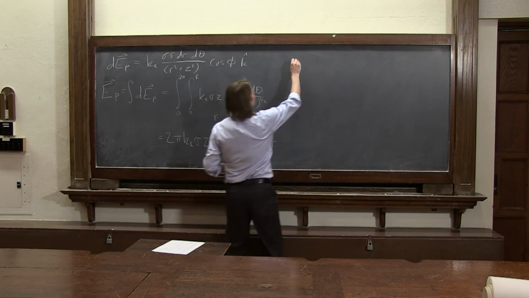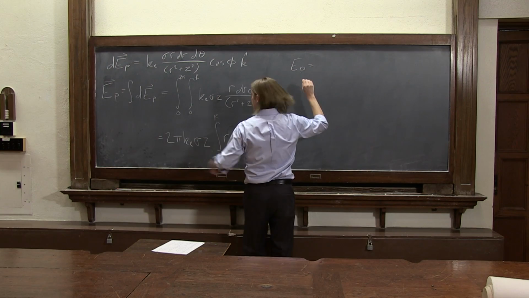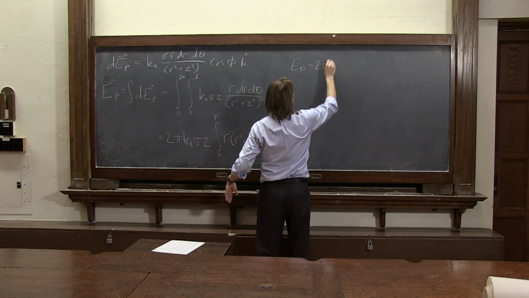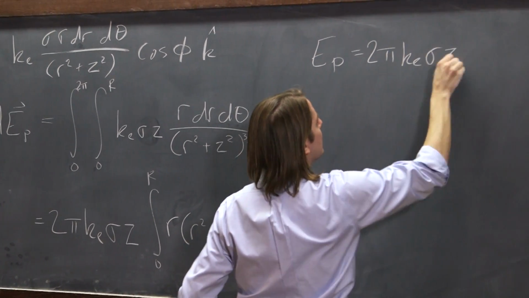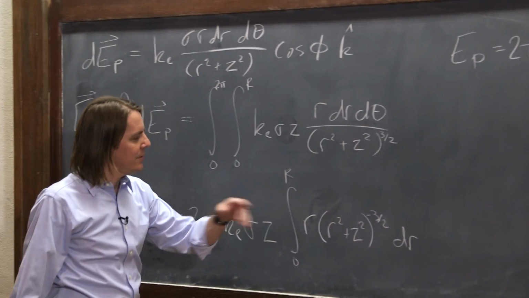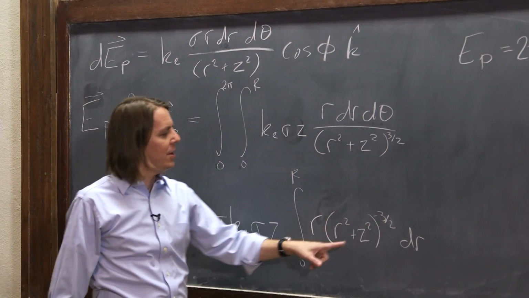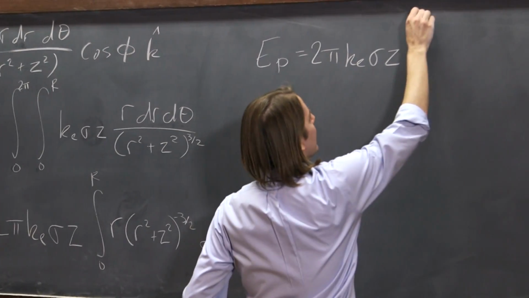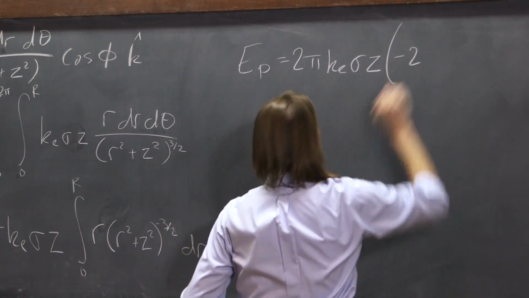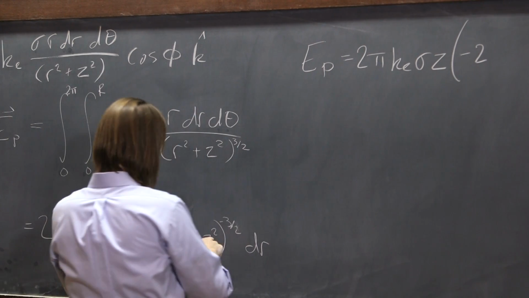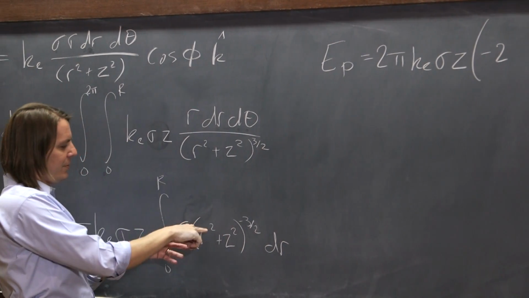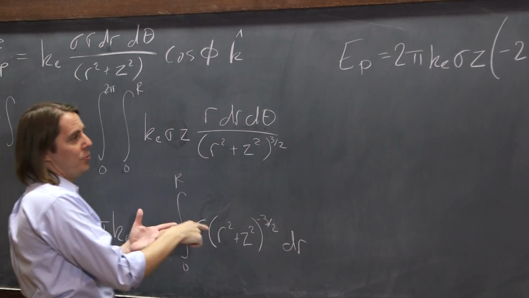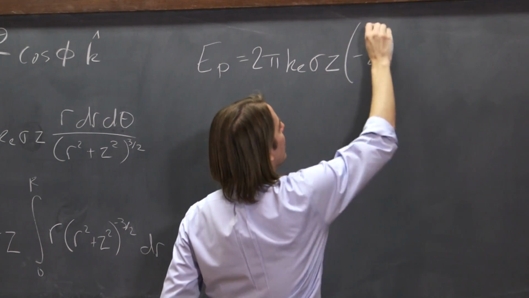Okay, so if we keep going then, EP is, let's keep our constants, 2 pi Ke sigma z. And if we want to integrate this, this one's actually doable. Minus 3/2 becomes minus 1/2. You divide by that, that becomes minus 2. And then you also divide by the derivative. You divide by 2r. The r goes away. So you're also multiplying it by 1/2.